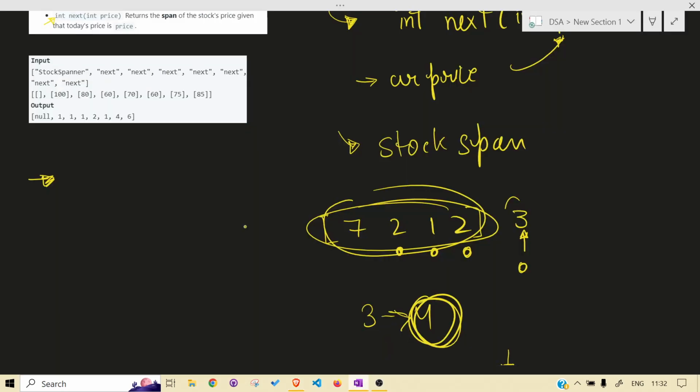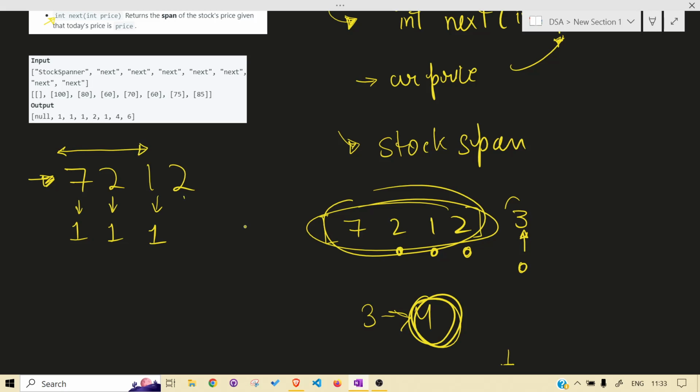Why? I will just explain. If this is the data, 7 has a stock span of 1, 2 has a stock span of 1, 1 has a stock span of 1. As you can see, in the decreasing fashion, everyone has a stock span of 1.